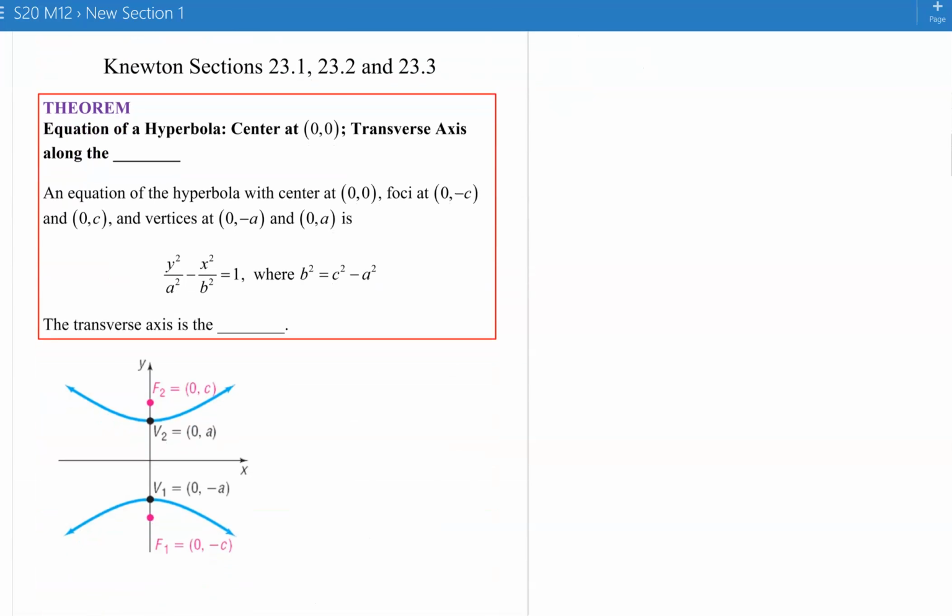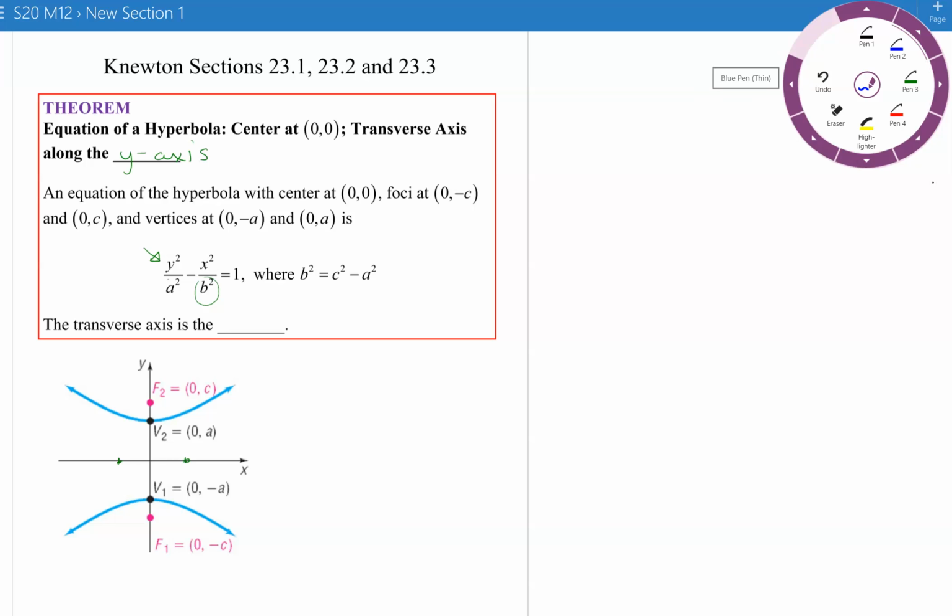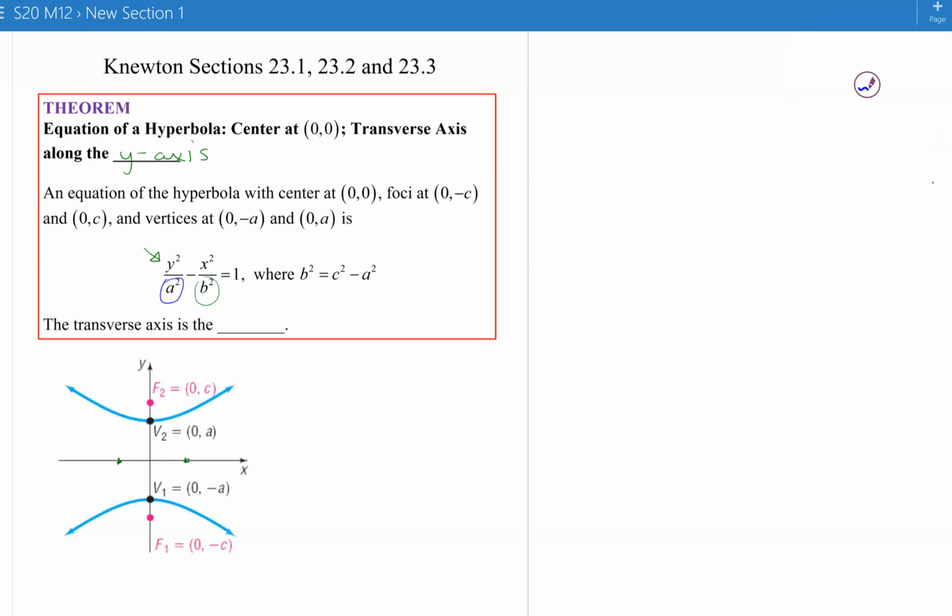We can also have a hyperbola with the transverse axis along the y-axis, and notice that then the y term comes first. Everything else follows the same way: under the x term, you go a distance of b and negative b and make dots. Under the y term, you go a distance of a and opposite of a.